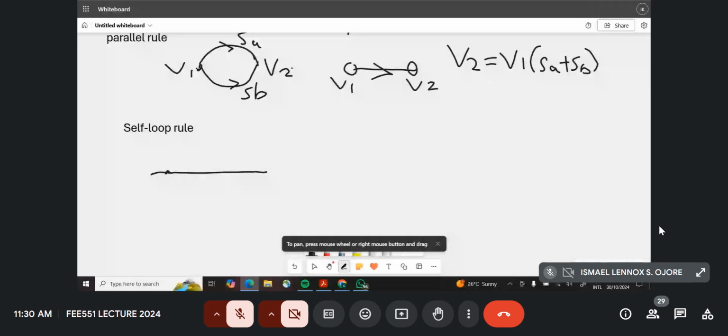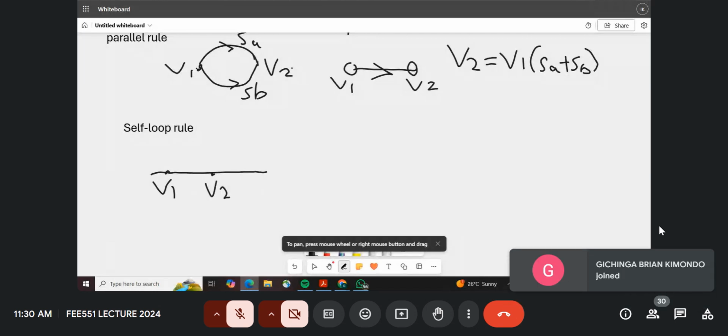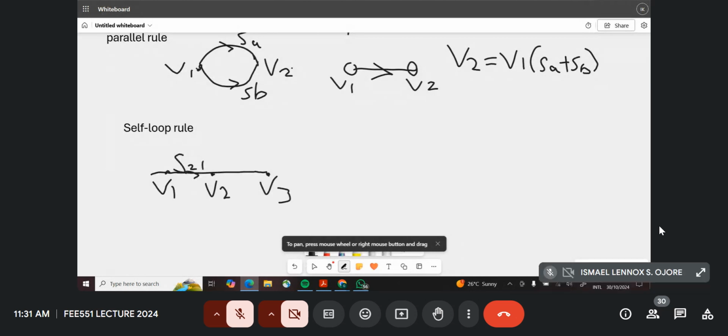So V1, V2, V3. So here we said is S21, and here is S32. So for the self loop rule, this is S22.